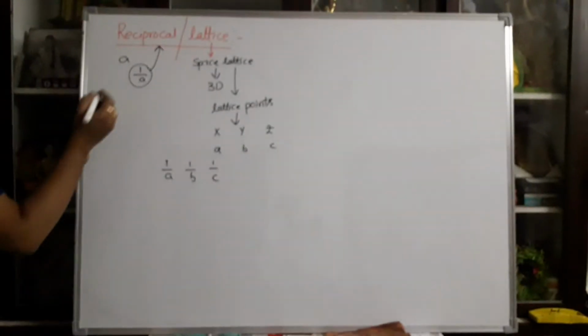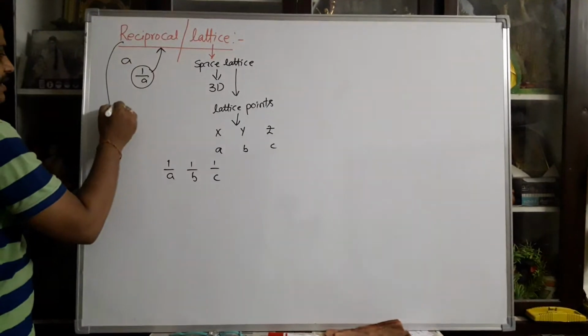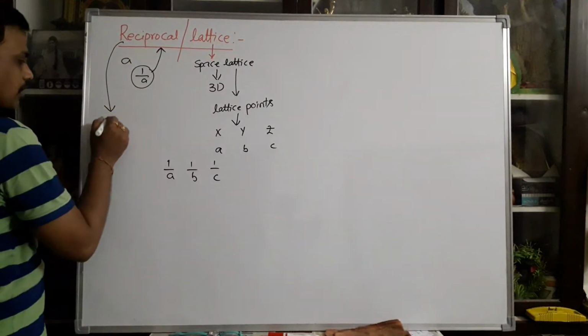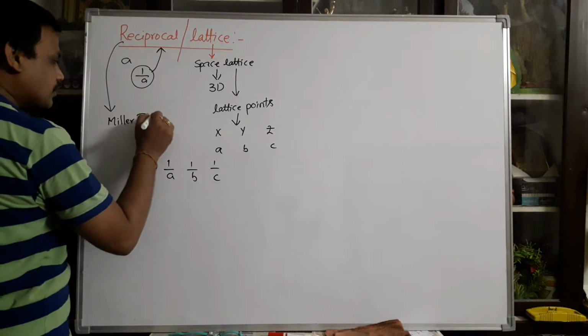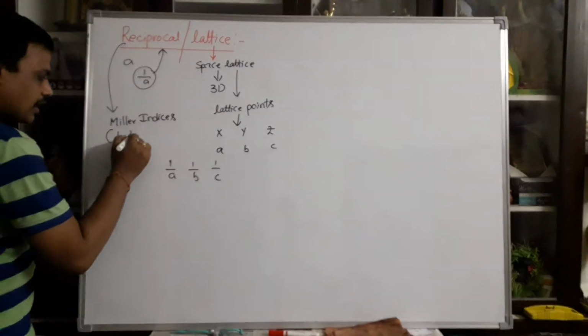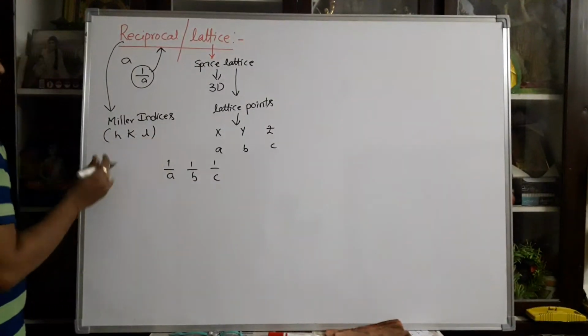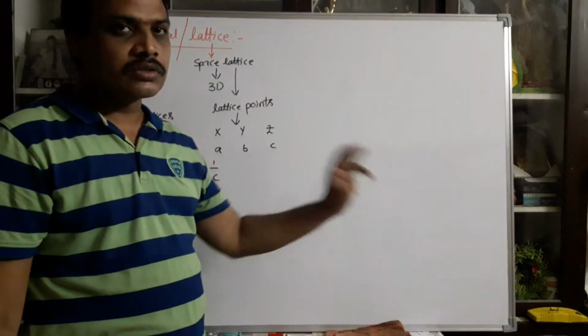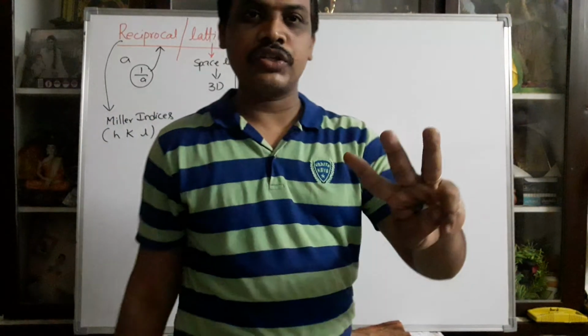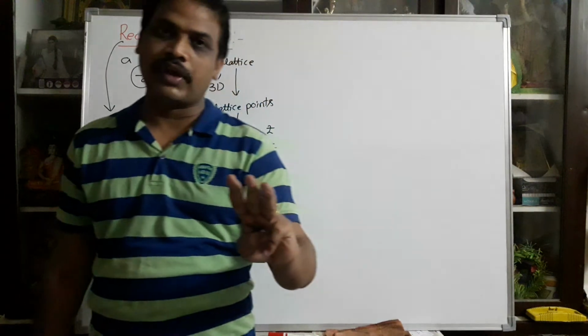This reciprocal lattice we already discussed in earlier classes. Particularly, those are Miller indices. These Miller indices are indicated by the letters HKL. So HKL are the reciprocals of the lattice constants along the three directional axes, nothing but the crystallographic axes.